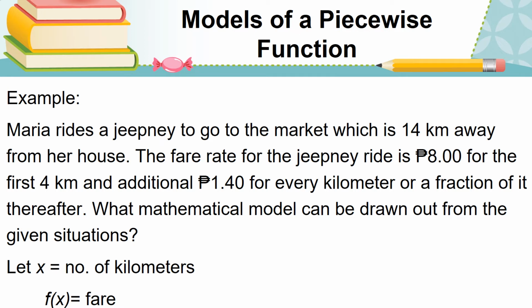So, let x, we will use the variable x, be the number of kilometers. So, our f of x is the fare, our function, which is the payment. Okay. Remember that there is an additional 1.40 pesos per kilometer, additional. And the first 4 kilometers is 8 pesos.